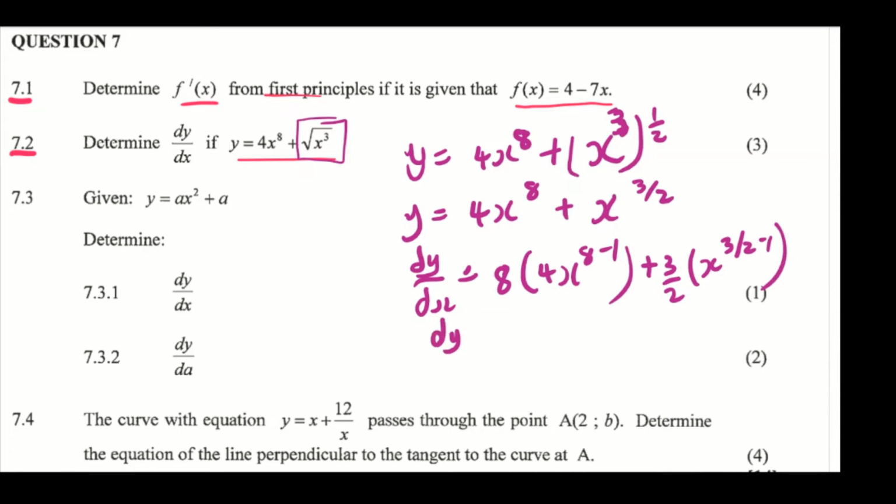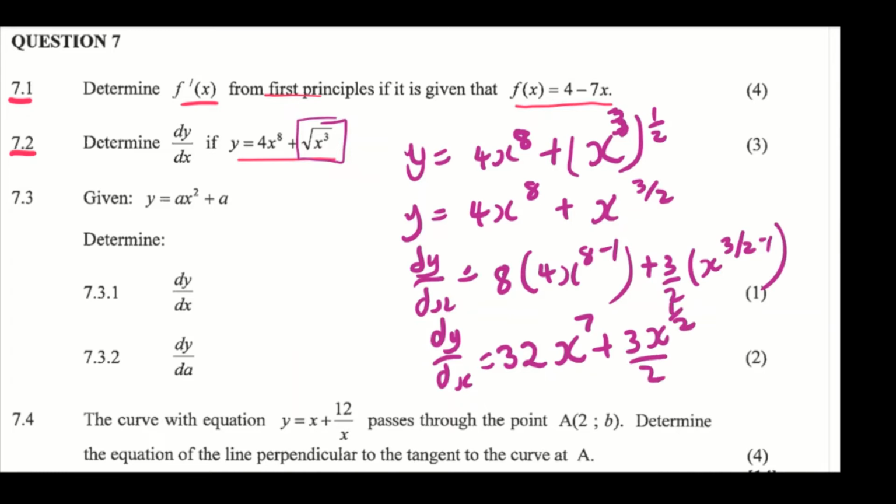So dy over dx is equal to 8 times 4, which gives us 32, x to the power of 7, plus 3 over 2, and you subtract at the top, you should get 1 over 2, so it's x to the power of 1 over 2.